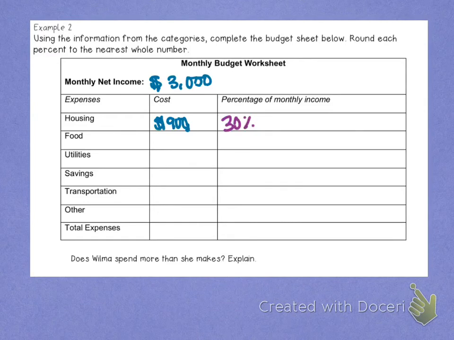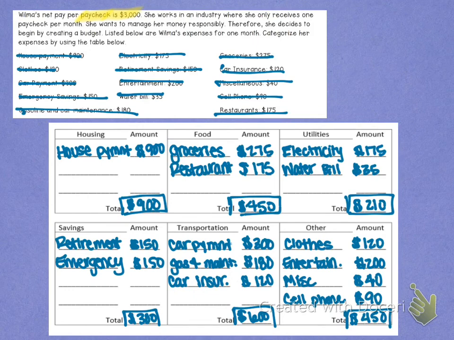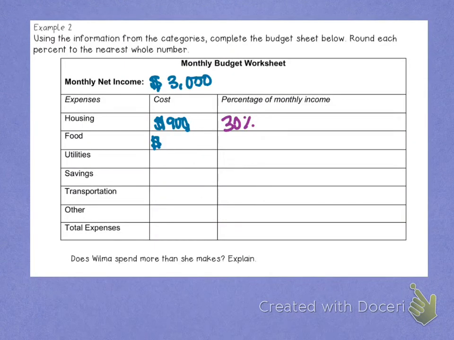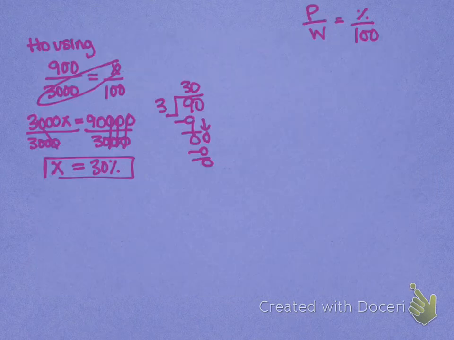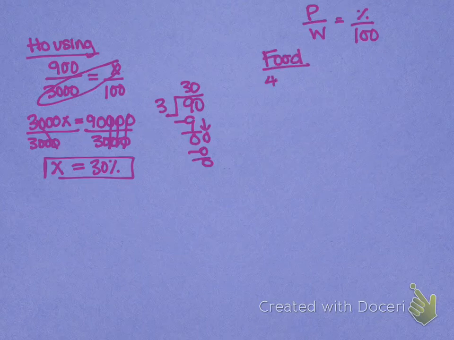Then if I look at my first page again, I see that food is $450. So I'm going to find the percent. Food is part over the whole of 3,000 equals x over 100.